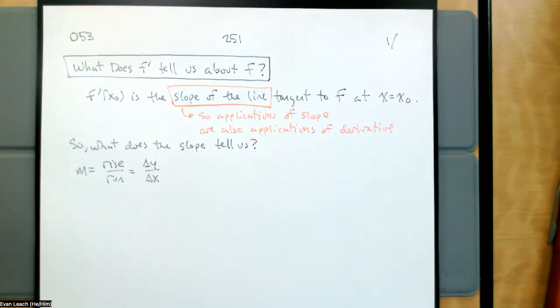So let's think about the slope. Slope is rise over run. That's more of a graphing thing. It's the change in y divided by the change in x. When we have these deltas and we have the slope connecting 2 points, that's going to be the average rate of change of y with respect to x.